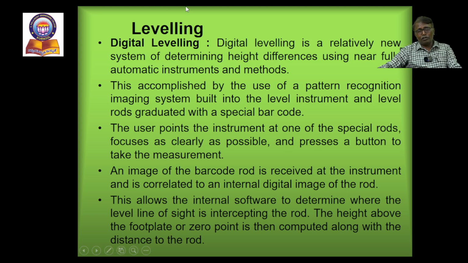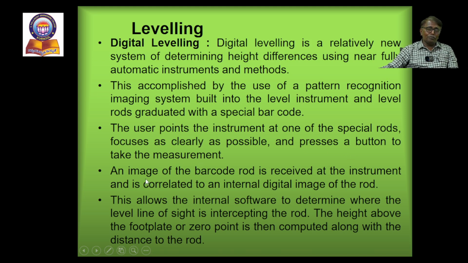The next type of leveling instrument, an advanced one, is digital leveling. Digital leveling is a relatively new system of determining height differences using nearly fully automatic instruments and methods. This is accomplished by the use of a pattern recognition imaging system built into the leveling instrument, and level rods graduated with a special barcode. The user points the instrument at one of the special rods, focuses as clearly as possible, and presses a button to take the measurement.